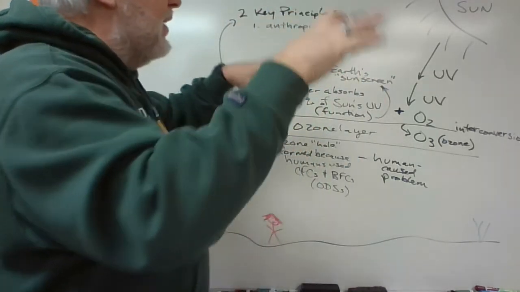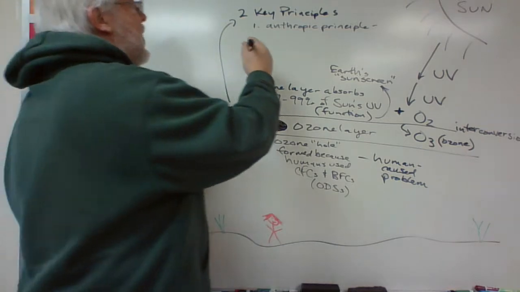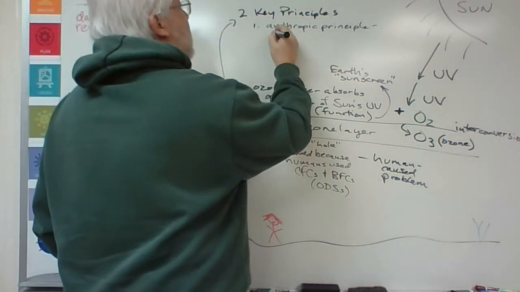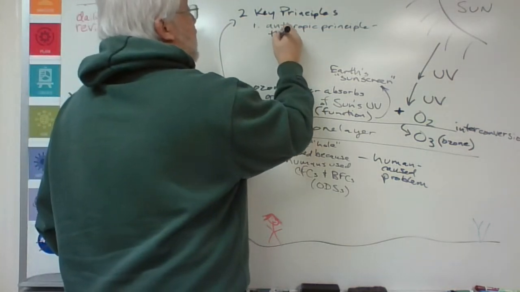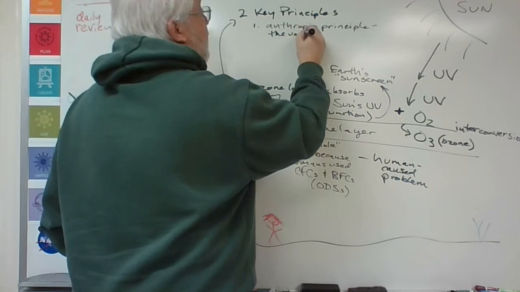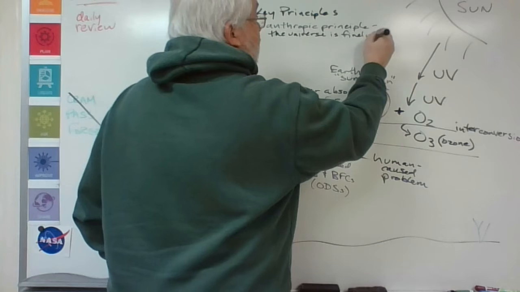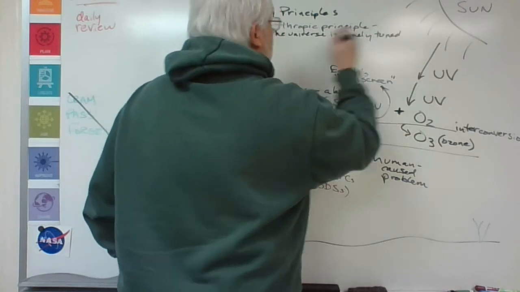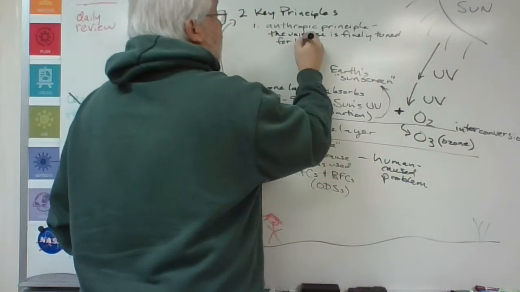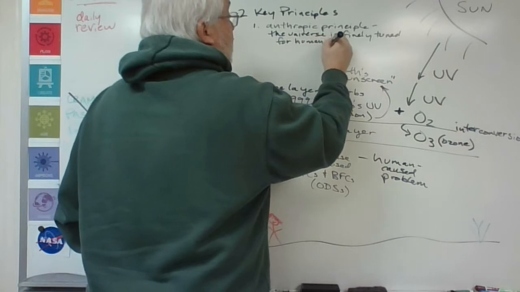And in our context, in earth science class, when we think of the anthropic principle, we're thinking of this. The universe is finely tuned for human existence.